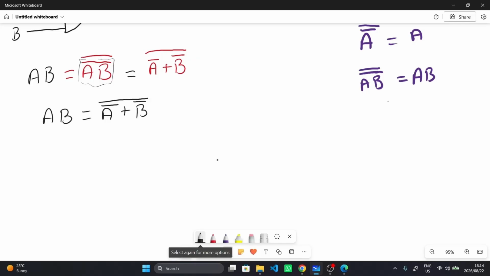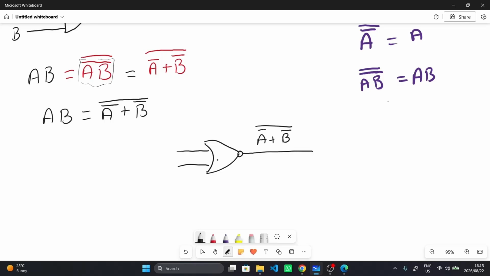So the logic diagram for this equation will be, we have addition and then there is a complement on top. So that shows it's a NOR gate. So we use the NOR gate here. That means our inputs are A complement and B complement.